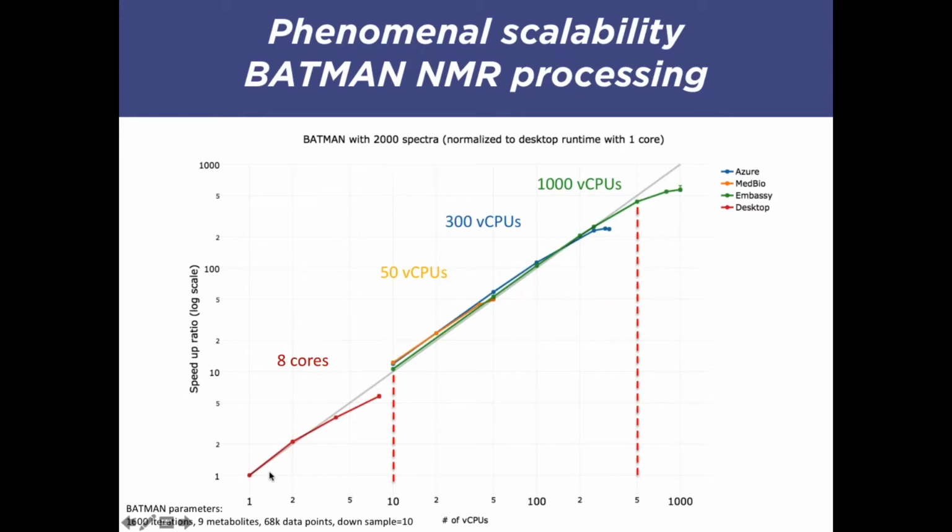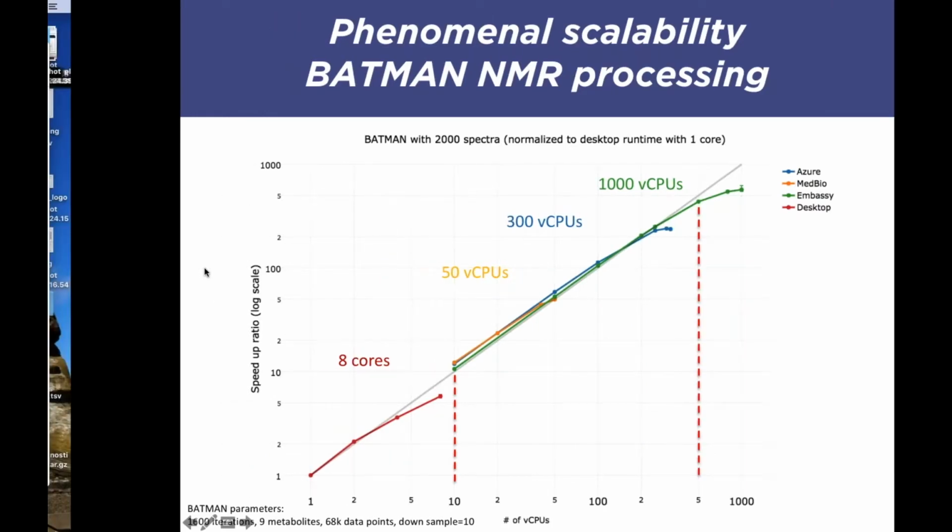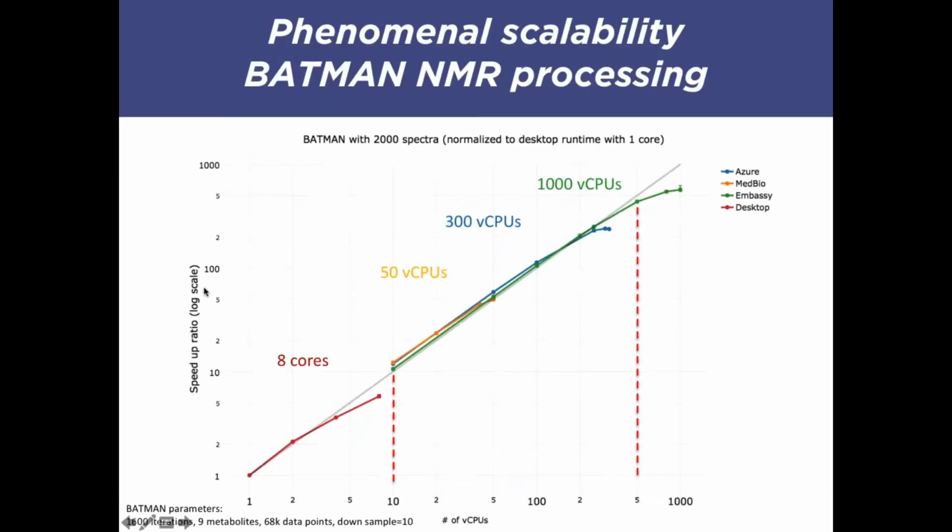And so what you can see is that as you use different amounts of CPUs, the speed-up ratio, so how much faster you go because you use more CPUs, scales relatively linearly.